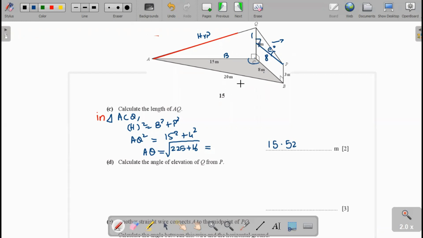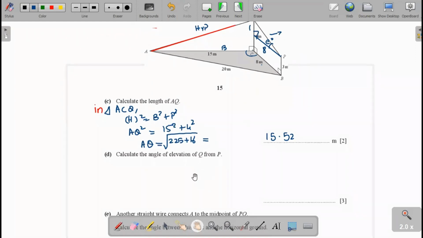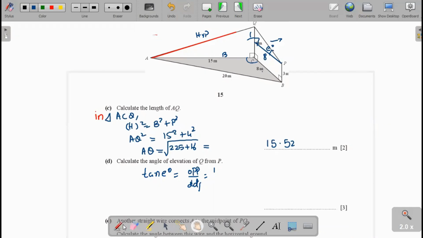In this right angle triangle, this side is opposite to the angle, and this is the adjacent side. Therefore, we apply the trigonometric ratio: tan E degrees equals opposite over adjacent. The opposite side is 1 and the adjacent side is 8. Therefore, E degrees will be equal to tan inverse of 1 over 8.